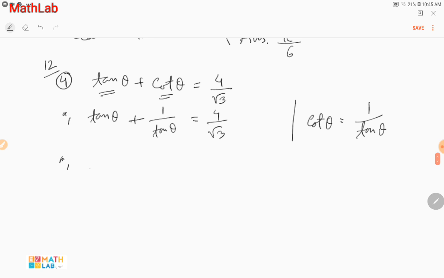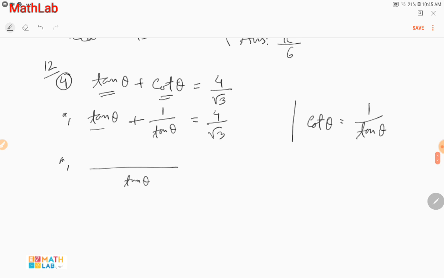Okay, here is a fraction, so when we get a fraction we always have to do addition or subtraction. So here the LCM is tan theta in the denominator, and for the first term the denominator is 1, so we have to multiply tan theta into tan theta, so that will be tan square theta plus, denominators are the same, that will be 1, equal 4 by root 3.